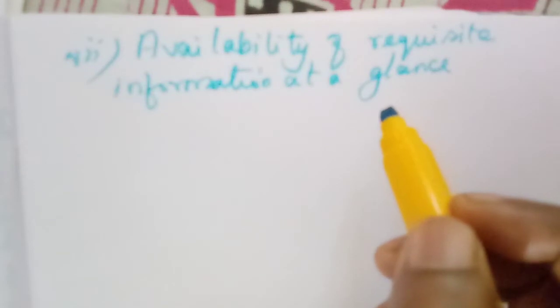For example, the total purchases today can be found out from the purchases book alone. But in the journal entry, we are not able to find out the total purchases. For that, we should post all those purchases in the purchases account. Only then can we find out. But here, immediately after posting and preparing the subsidiary books, we can find out the total of purchases. So at a glance we can find out.